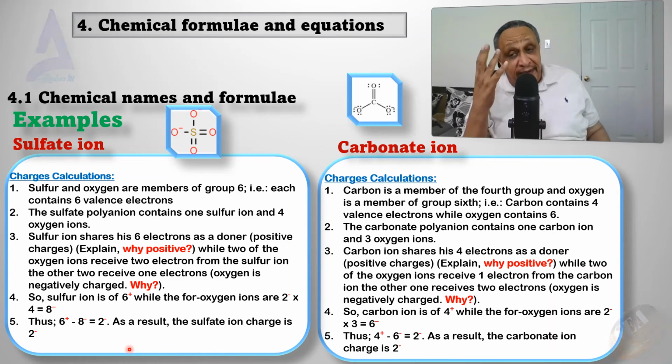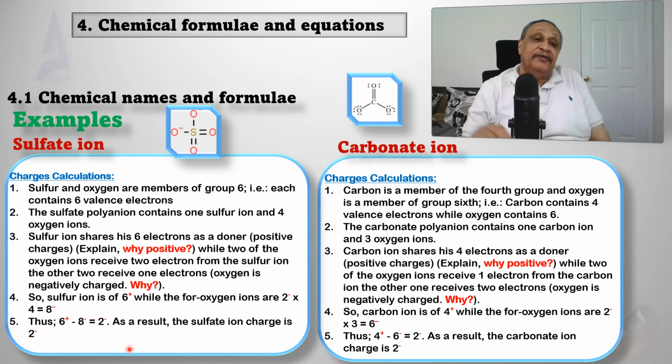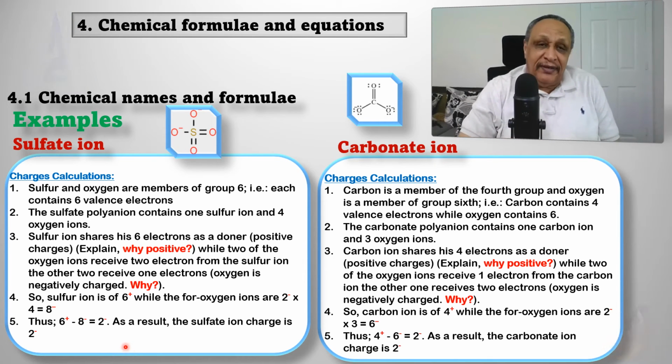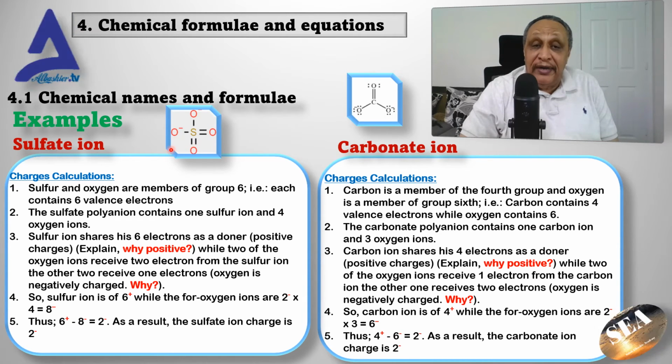And remember our 5 steps protocol. We are going to do the same thing. Now, for example, this is the sulfate ion. The sulfate ion is formed of S, which is sulfur, 1, and then 4 of this. Let us go here and see how we calculate this one.